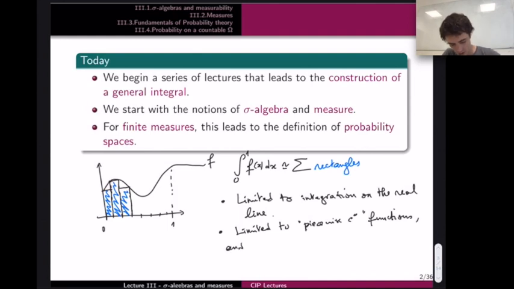And in probability theory, we'd like to integrate things like that. So for instance, the expectation that you might have encountered before.